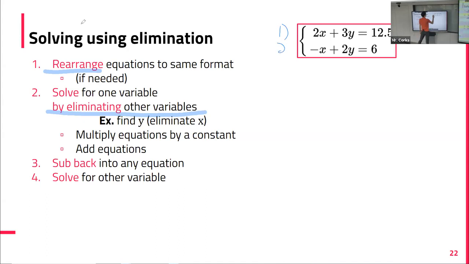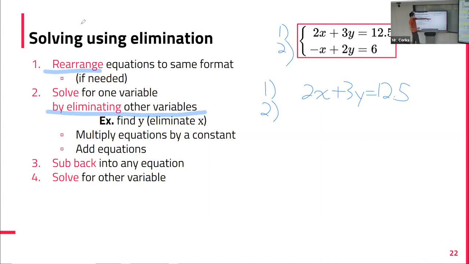All right, so let's write these out. I'll write this out with the x's first and then with the y's second. So if we want to eliminate x, then it looks like we can keep the first equation as is.